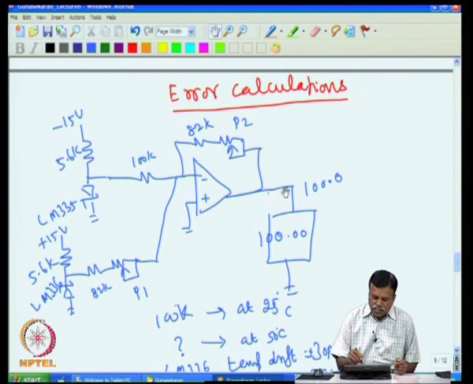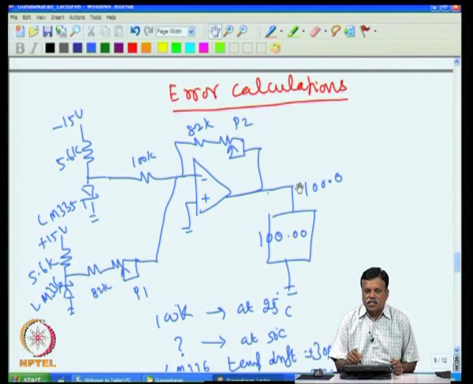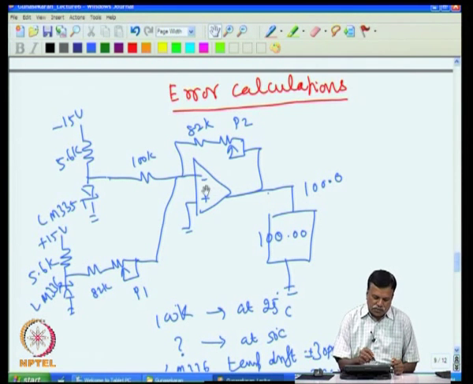So this voltage subtracts the 2.73 volt that was coming there. The net result is that at 0 degree C it gives you 0 volt, and at 100 degree C it gives you 1 volt. That is what we saw in the last class, and we also explained how to calibrate this using ice and boiling water. You keep this at ice and adjust P1 to get 0 degree C, then keep it at boiling water and adjust P2 to get 1 volt.